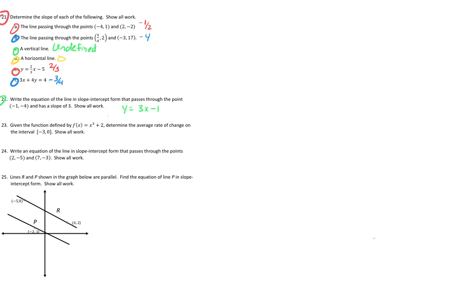Question 23. Given the function defined by f of x is equal to x cubed plus 2, determine the average rate of change on the interval -3 to 0. So we need to find f of -3, which will equal -3 cubed plus 2.